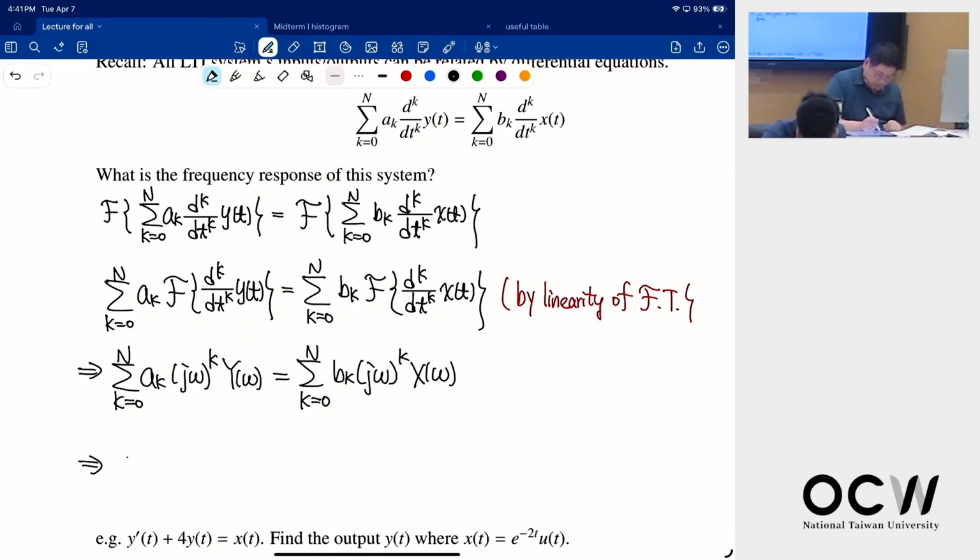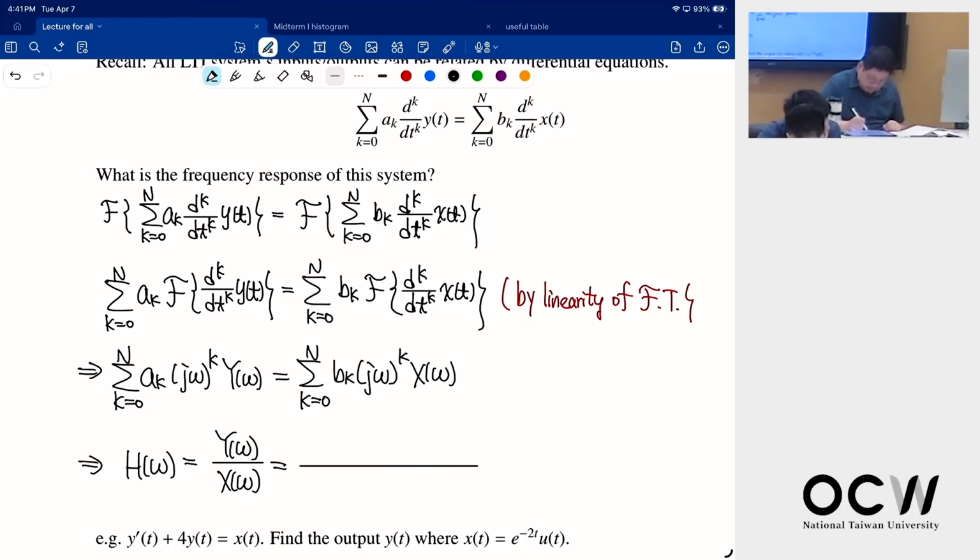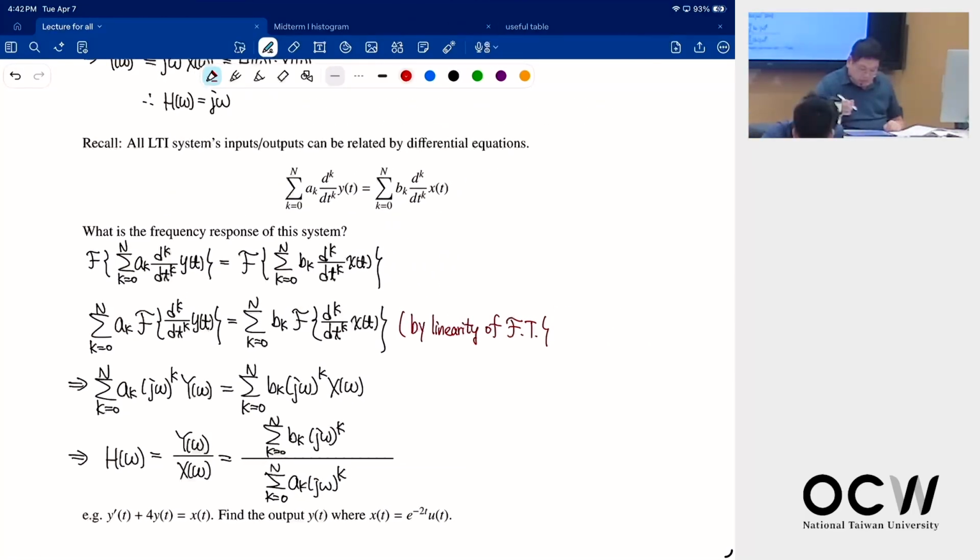So you can get your frequency response. All right.